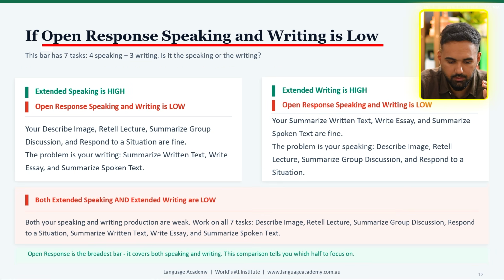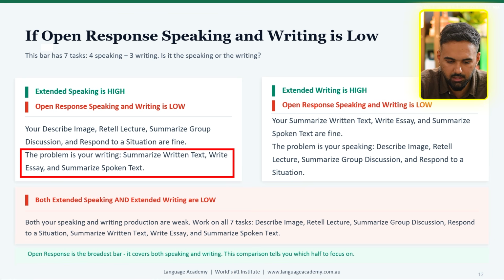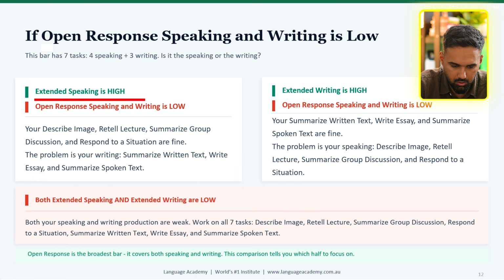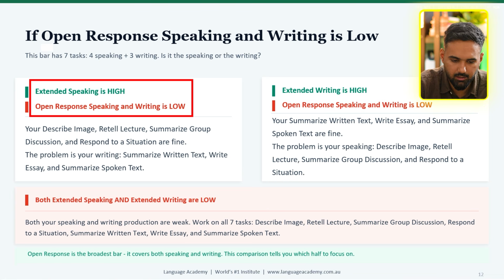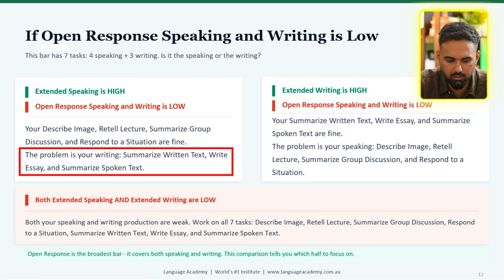If both are low, short writing and short speaking, means you have to work on read aloud, repeat sentence, and write from dictation. If open response speaking and writing is low, that includes 4 different question types from speaking, which are describe image, retell lecture, summarize group discussion, and respond to situation. And then 3 from writing, which are summarize written text, essay, and summarize spoken text. Then you have to look at extended speaking. If open response speaking and writing is low but extended speaking is high, means your speaking questions are good but you have to work on writing, which is summarize written text, summarize spoken text, and essay.